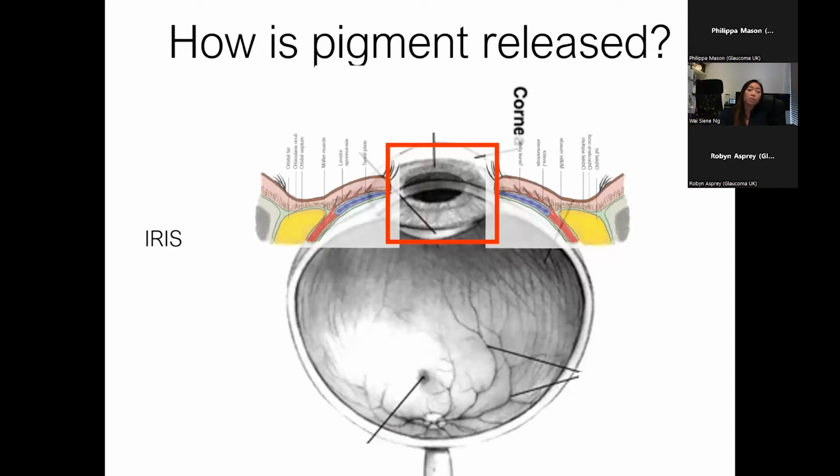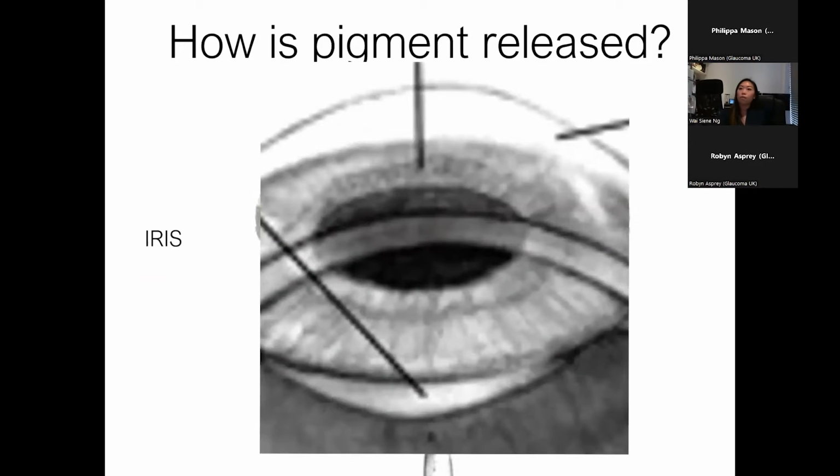Now, to allow us to understand, we're going to flip the eye so that it's now facing the ceiling. I'm looking to the ceiling, and we are going to zoom into that red box. What we're interested in now is the iris. The iris is what gives us our color of the eye.